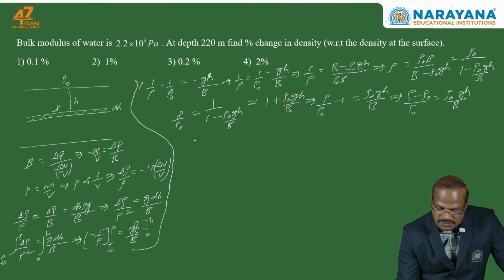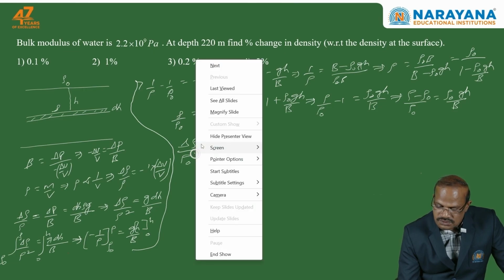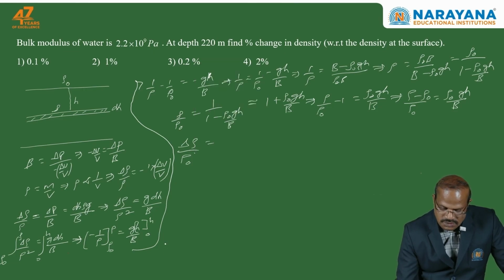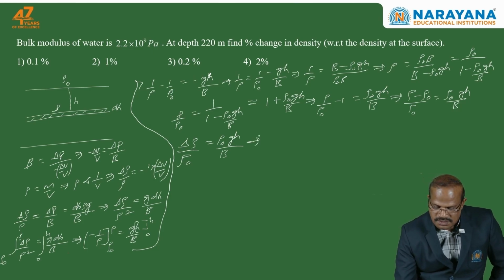So this is nothing but delta rho by rho naught equals rho naught gH by B. So the percentage change, delta rho by rho naught into 100, equals rho naught gH by B into 100.